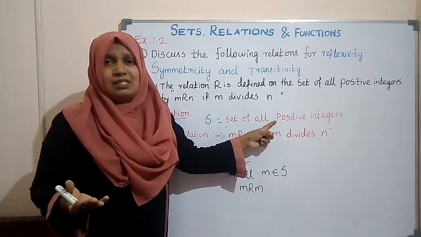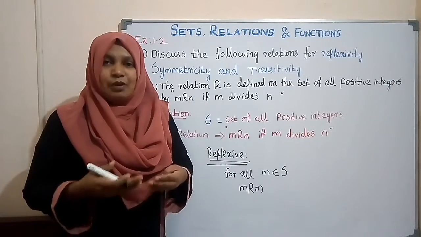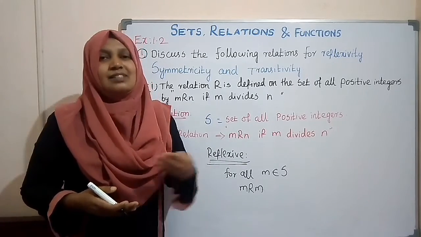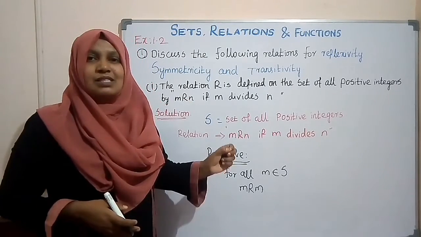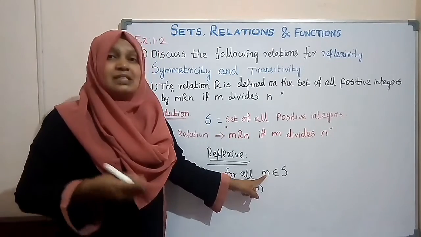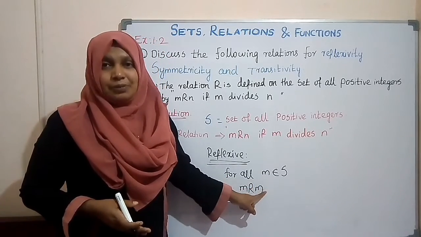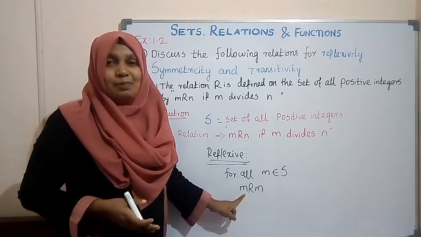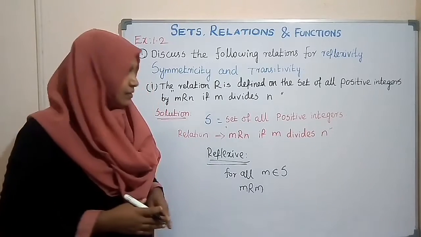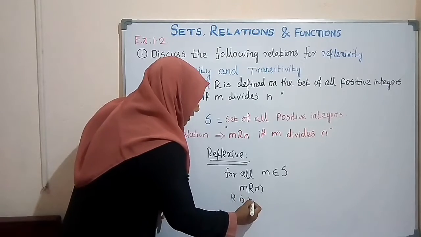If you consider any positive number, for example 5, 5 is divisible by 5. Again positive number 6, 6 is divisible by 6. Positive number 100, 100 is divisible by 100. So all the positive numbers are divisible by itself. Therefore all the positive numbers are related to themselves, because all are divisible by themselves. So m is related to m means we can write R is reflexive.